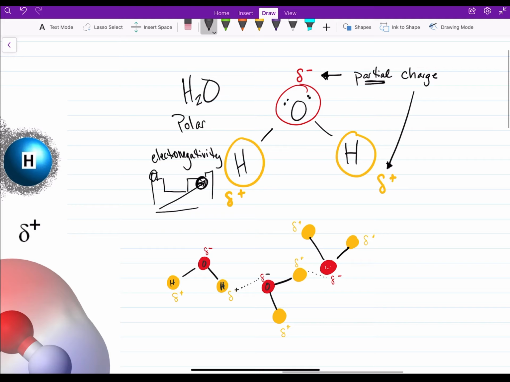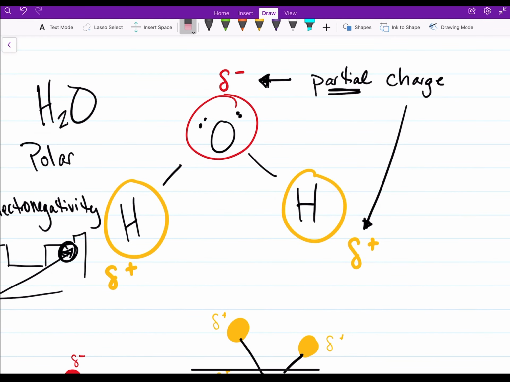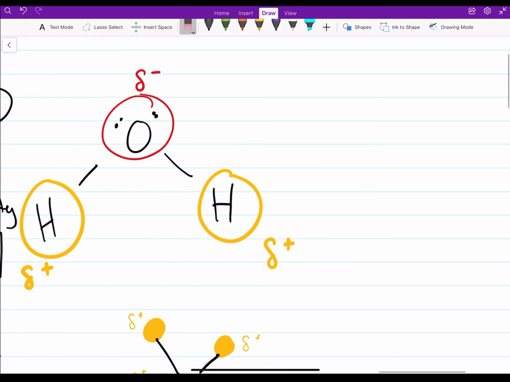Okay. Last thing to note that has to do with our partial charges: they're called dipoles. So when we are inducing these poles, we might have what we call a dipole moment, which is one overarching direction of where our dipole is headed. These small dipoles of our partial positive and partial negative charges might all head in the same direction in our polar compound or polar molecule, and that is called a dipole moment.